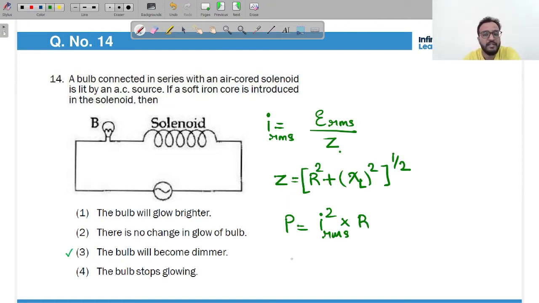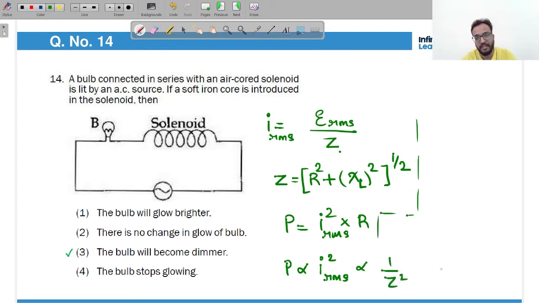So we can say that power is directly proportional to IRMS square, right? And IRMS is inversely proportional to Z, so power is inversely proportional to Z square. That means it is inversely proportional to R square plus XL square.